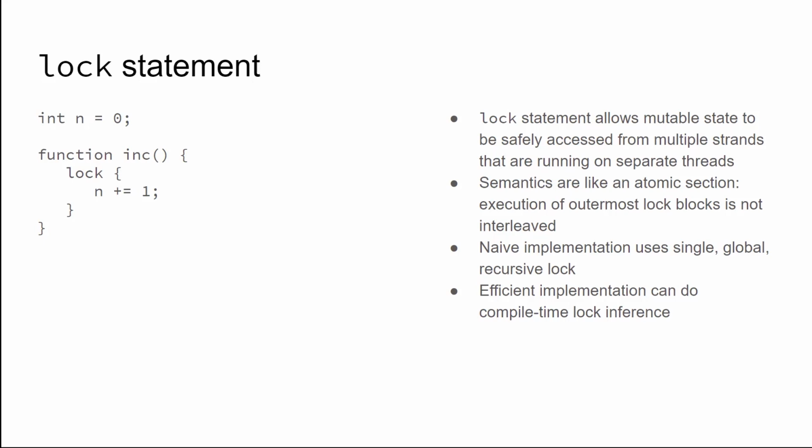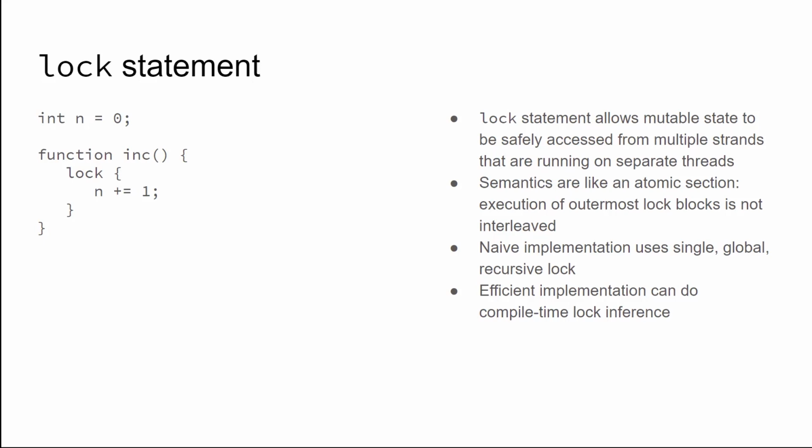In implementation terms, you can think of it as having a single global recursive lock. The naive implementation has one big lock. Whenever you enter the lock statement, you acquire that lock, and when you exit it, you release it. In fact, that's not the way you're supposed to implement it.